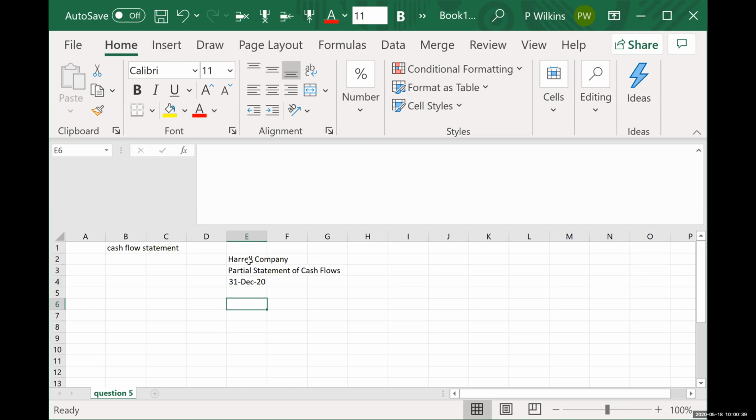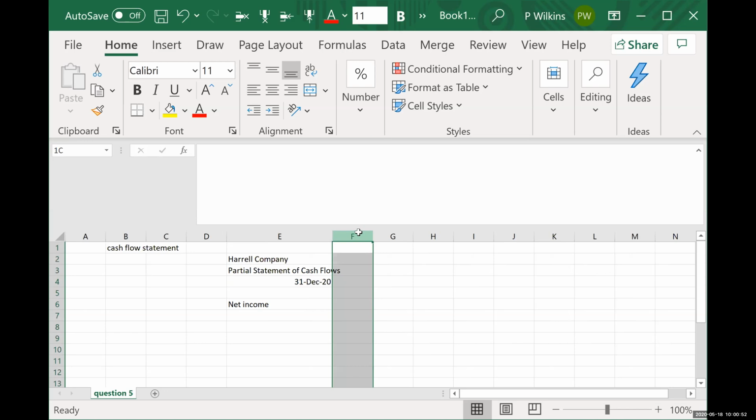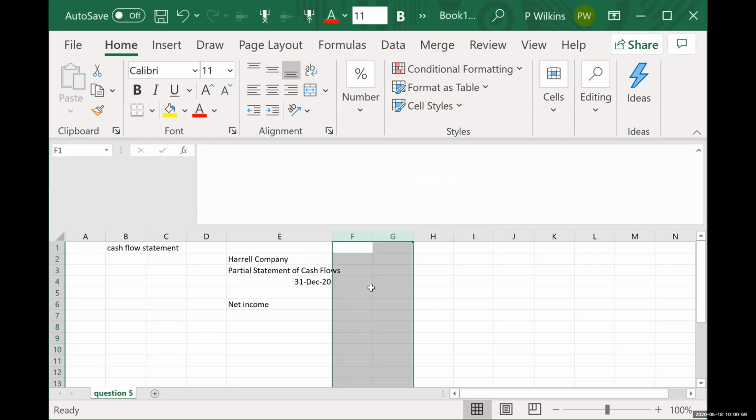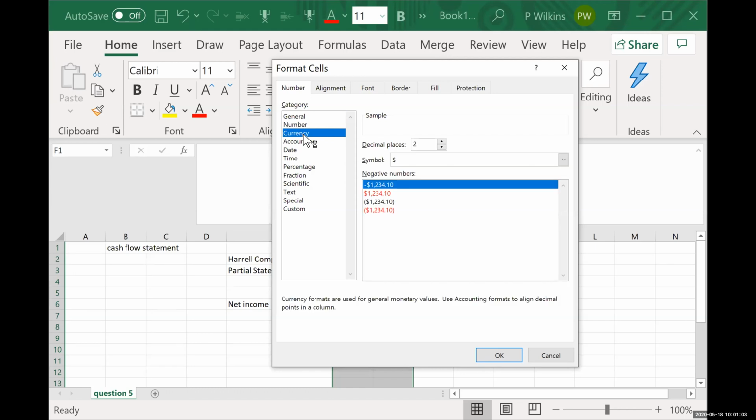All right. So the first thing that you have is net income. The net income is listed someplace within your problem. In this problem, they're telling you that net income is $320,000.